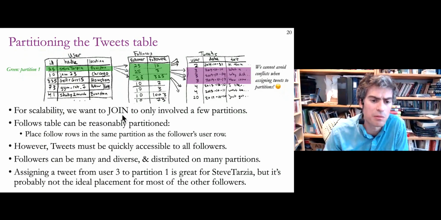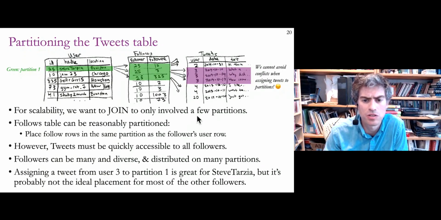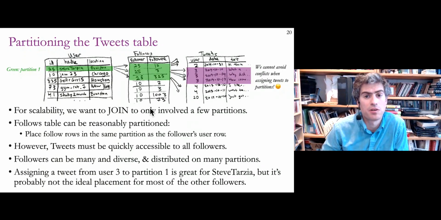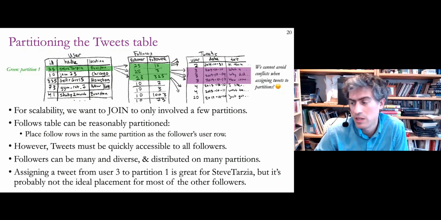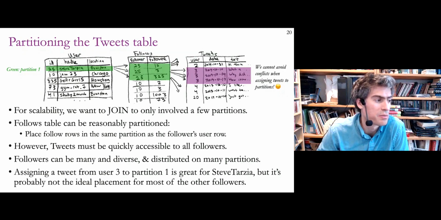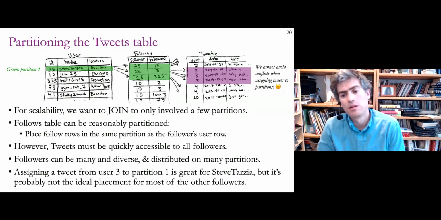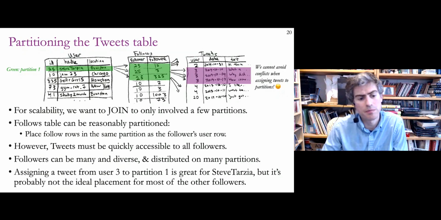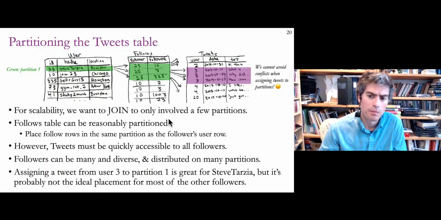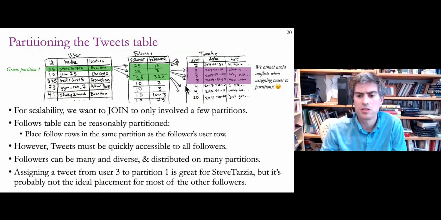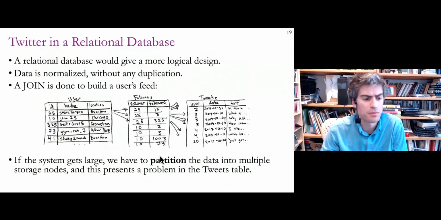We want, for scalability, the joins that this is doing to involve only a few database partitions, because if every database partition is involved in every request, then it will not be scalable. The system cannot handle that. There are too many requests per second for any one database node to handle all of them. If we were going to do that, we might as well just have one database node.